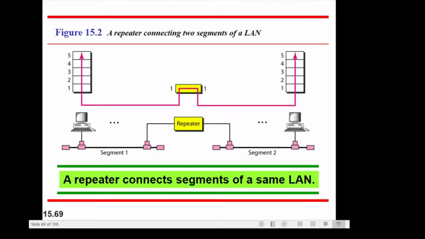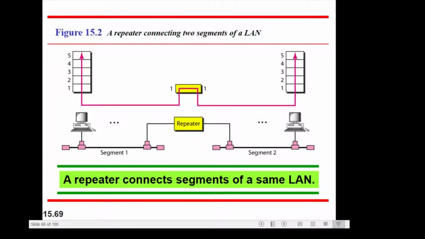The next one is a repeater. A repeater is a device that operates only in the physical layer. A repeater connects segments of the same LAN. Signals that carry information within a network can travel a fixed distance before attenuation endangers the integrity of the data.